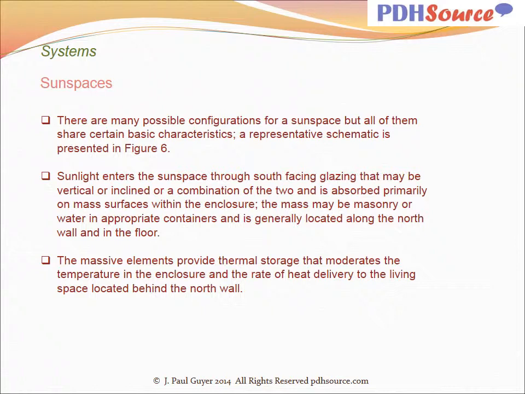The mass may be masonry or water in appropriate containers and is generally located along the north wall and in the floor. The massive elements provide thermal storage that moderates the temperature in the enclosure and the rate of heat delivery to the living space located behind the north wall.